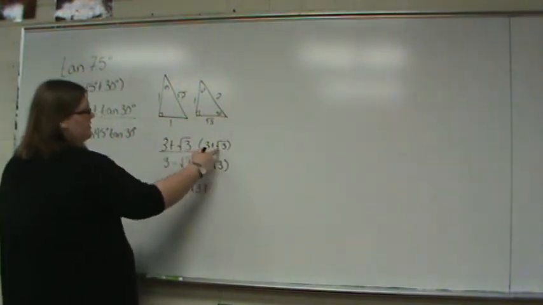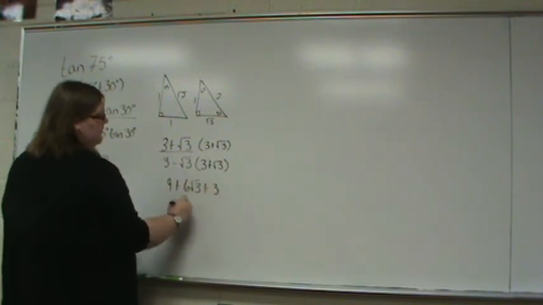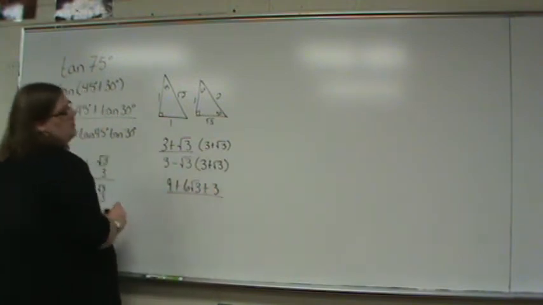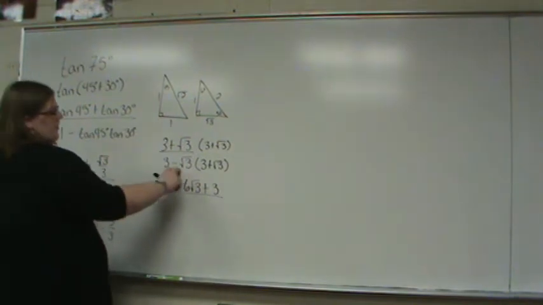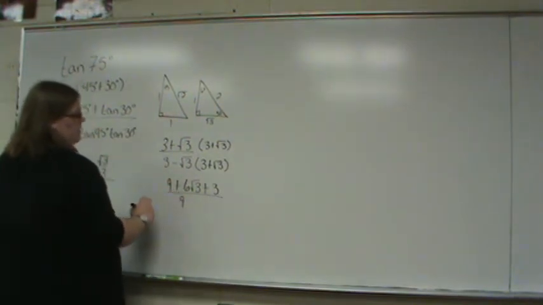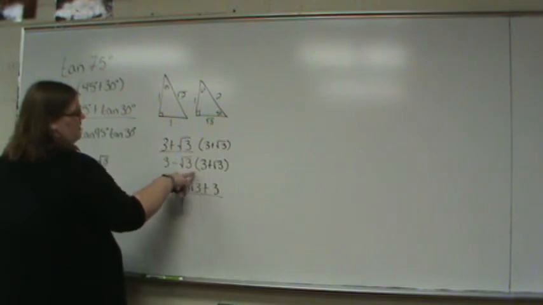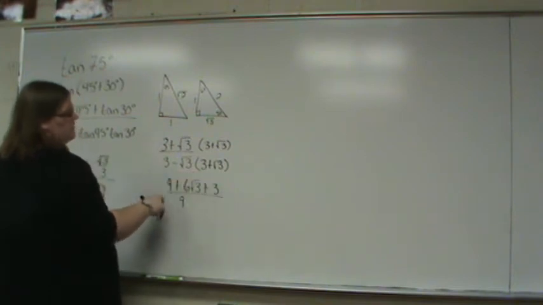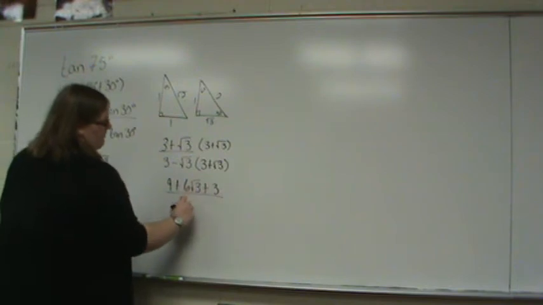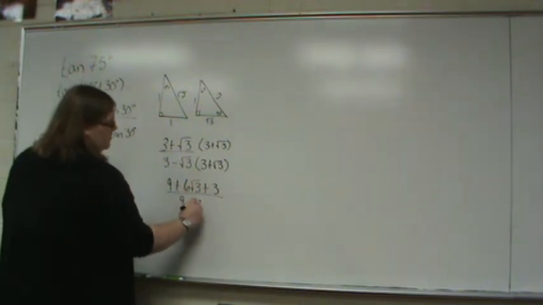And then root 3 times root 3 just gives us a 3. And then on the bottom, we have 9. Because this is the difference of perfect squares, we have just our first times our last. So again, we have minus root 3 times root 3, which is just 3.